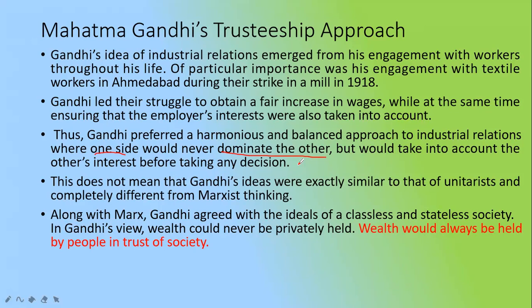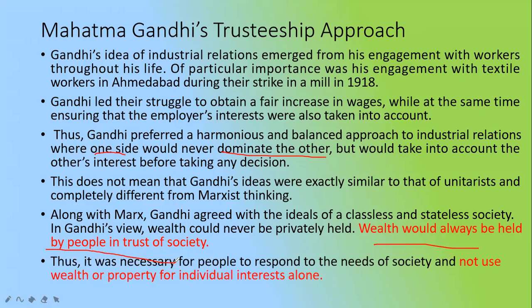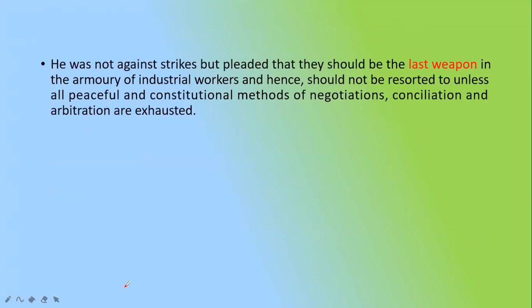Whatever we have is the gift of nature, so it should be used only for the betterment of the society, not for individual benefit. Wealth should always be held by people in trust of the society, and thus it is necessary for people to respond to the needs of the society, not use wealth for individual interest alone. That is the principle behind this.